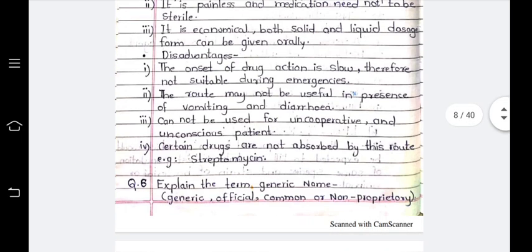Advantages: it is safer, more convenient, and does not require assistance. It is painless and the medication need not be sterile. It is economical. Both solid and liquid dose forms can be given orally.